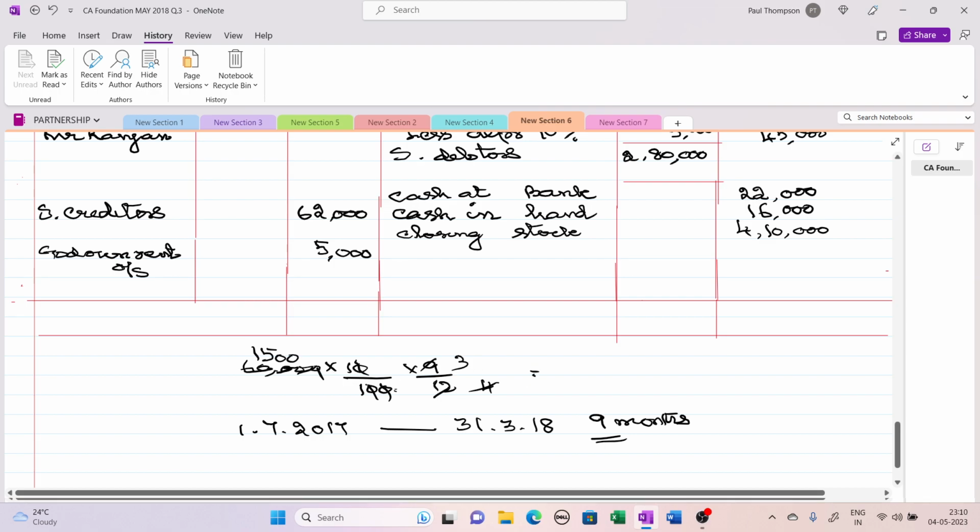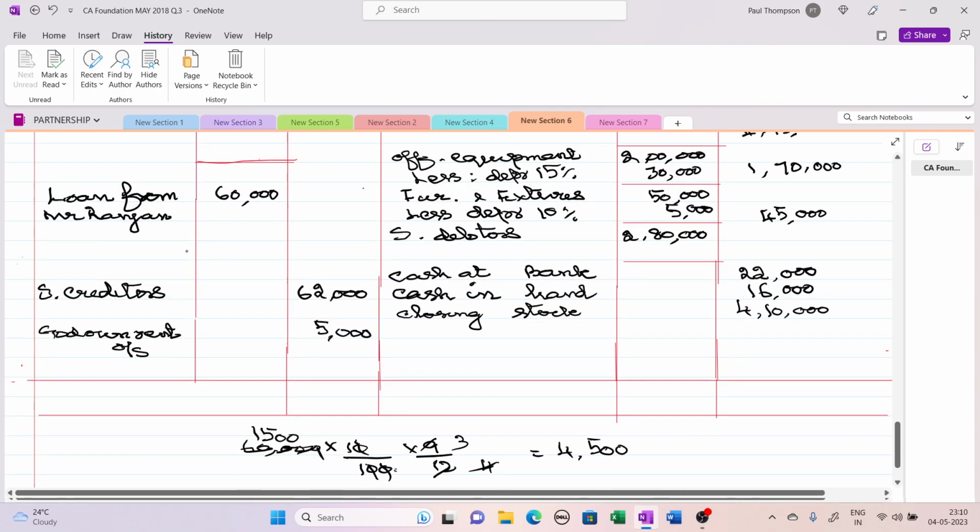So 3 into 15, 4,500. You see we have already paid 4,400. So what is the amount outstanding? 100 rupees. Interest on loan outstanding 100. So you can write it separately, or you can mix it and write in one go, 60,100.